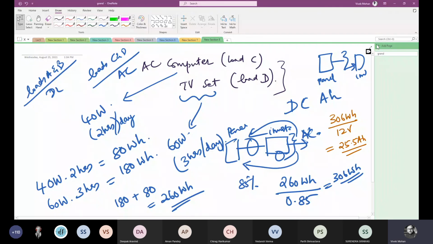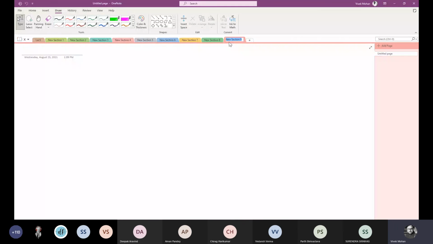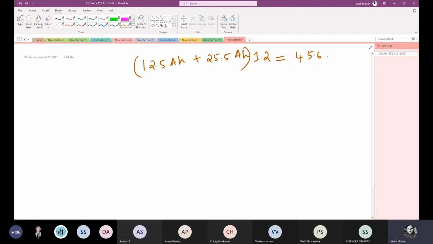Suppose I want to add the system losses also, and suppose the system loss is 20%, then the total comes to 45.6 AH.